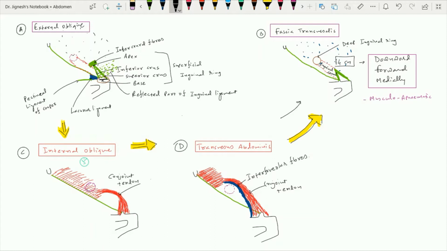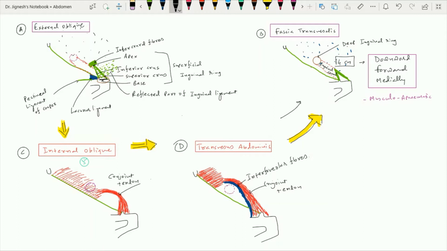Along with the conjoint tendon, the reflected part of the inguinal ligament, which is formed by the inferior crus of the superficial inguinal ring, passes in front of the conjoint tendon to meet the opposite sided reflected part of the inguinal ligament across the linea alba, and that's why this reflected part of the inguinal ligament is also going to form the posterior wall of the inguinal canal.